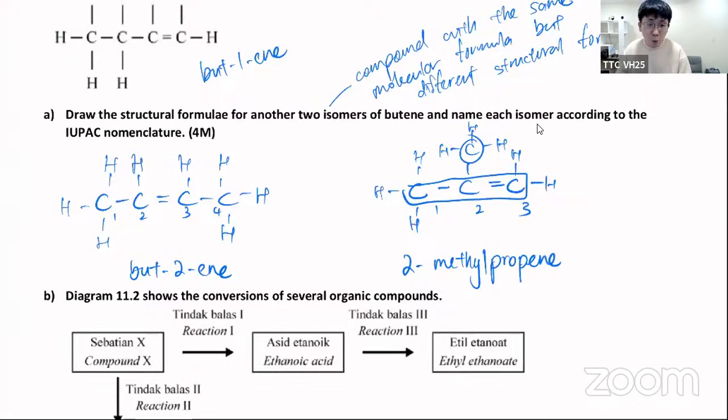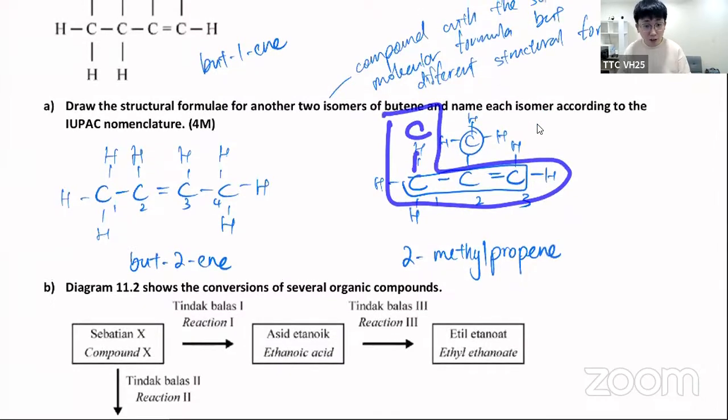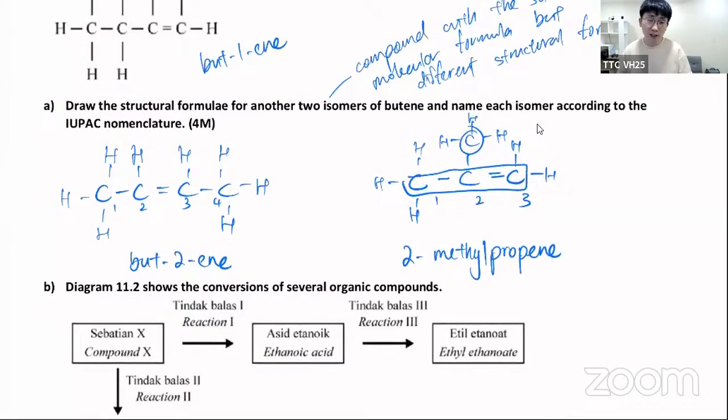Can it be 1-methyl propene? I just mentioned, can you put your C here? Cannot, because if you put your C here, it is still a butene. Do you see it's a continuous chain? If it's a continuous chain, it is still a butene. Only if you put it in the center can you disconnect it.